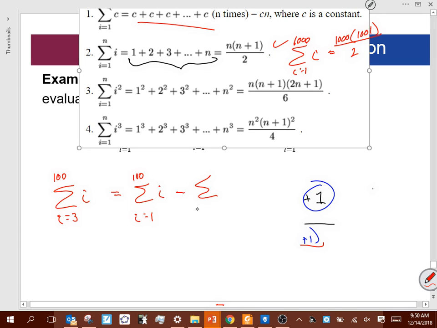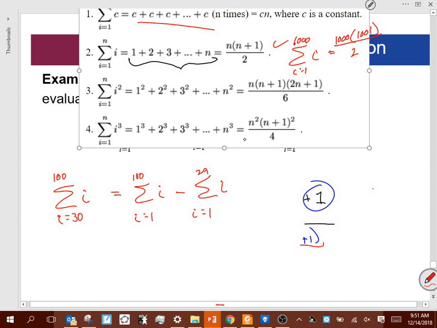So the first 2 objects of that list would be i starting at 1 going to 2 of i. Does that make sense? Now that would be easy, but let's say we started at 30 instead. So then this would be, what, 29? And if I wanted to add 30, 31, 32, 33, 34, all the way up to 100, see what that sum is, this would be the way that we could do that.